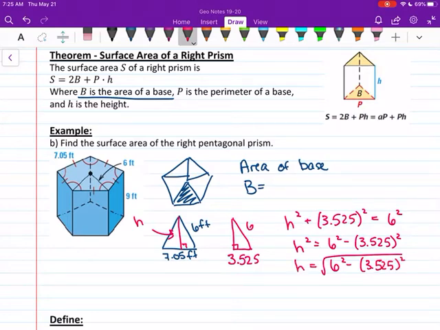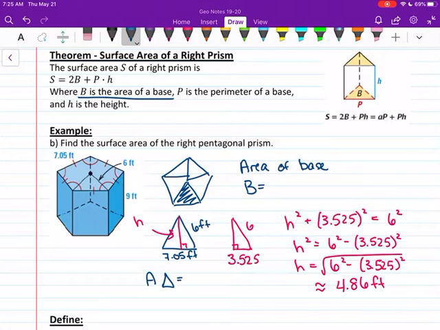I like to write it all out until my last step. So then my height is going to be approximately 4.86 feet.